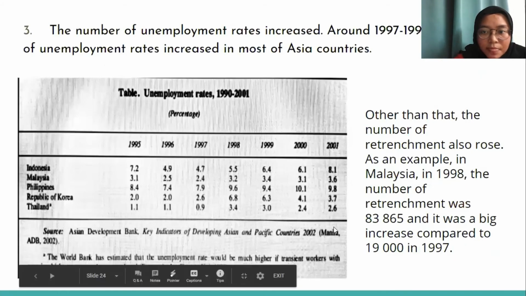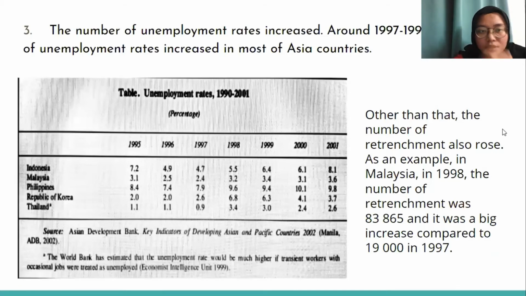Okay, lastly, because of the GDP per capita drop, it also led to an increase in unemployment rates and inflation. Based on this table, we can see that around 1997 until 1998, unemployment rates increased in most Asian countries.